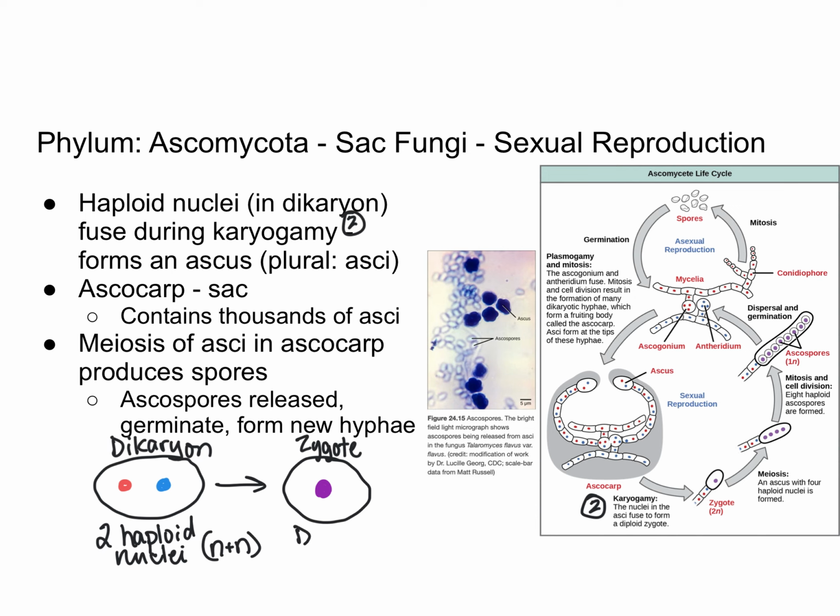And it has a diploid nucleus that we denote as 2N. I colored in this diploid nucleus purple because purple is the color you get when you mix blue with red. But remember that in a diploid nucleus, you're actually going to have a combination of these paired red and blue chromosomes.